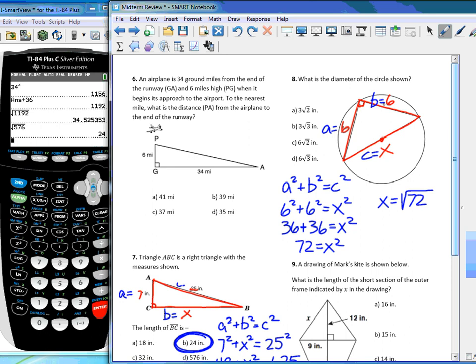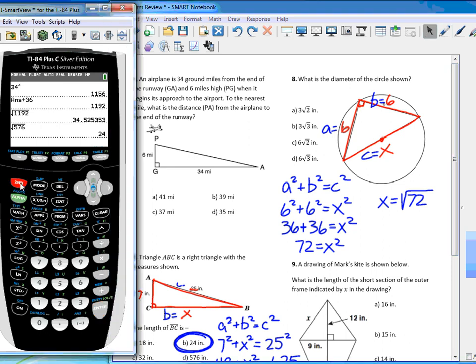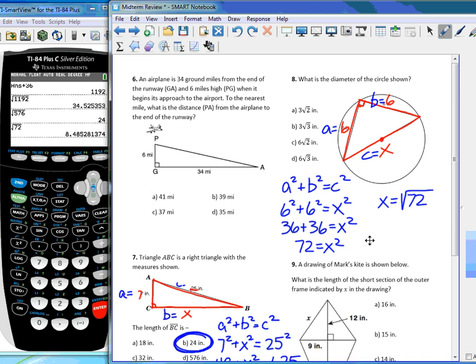Oh, man. None of my answer choices match square root of 72. Never fear, I'm going to find out what square root of 72 is on the calculator. It is 8.485, etc., etc., etc. And all I have to do is figure out which one of these answer choices up here equals the same thing.